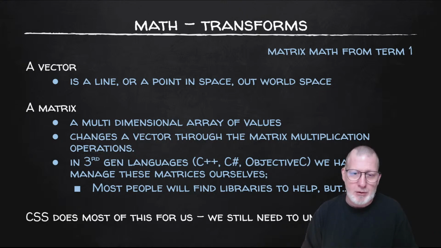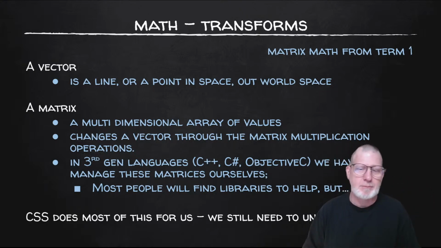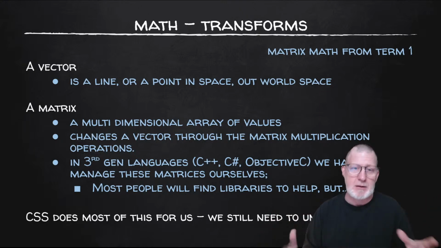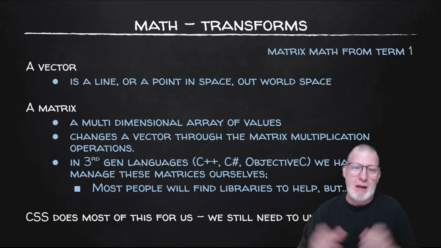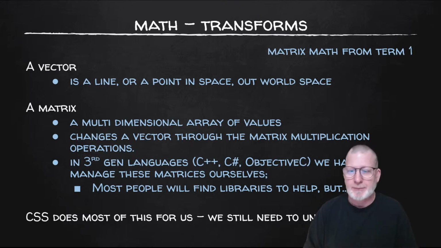So a matrix is a way to manipulate a vector, and again, you don't need to know how the math works. You just need to know that you can create together a mathematical grid of numbers that can manipulate any vector. Okay, why is that important?